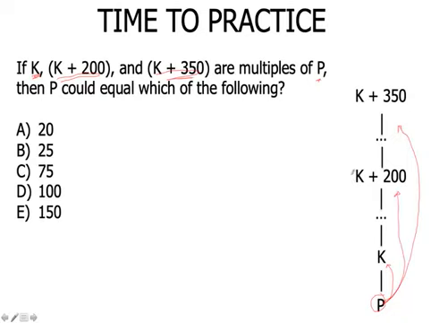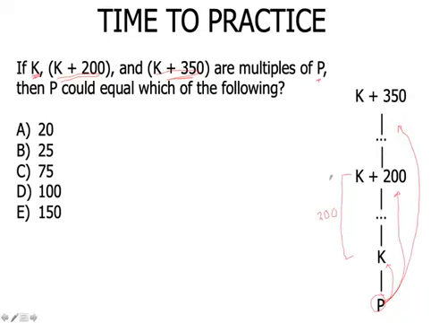So let's take these two right here. I got k plus 200 and k. What's the difference between those two? Well, it's 200, right? So what does that mean? It means that 200 must be a multiple of p, because k plus 200 is a multiple of p, k is a multiple of p, so the difference between them must also be a multiple of p.